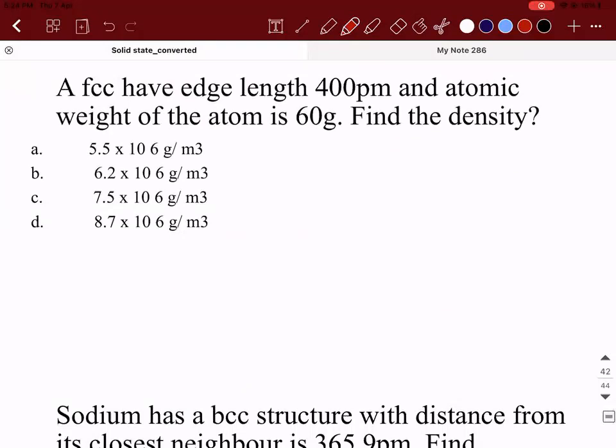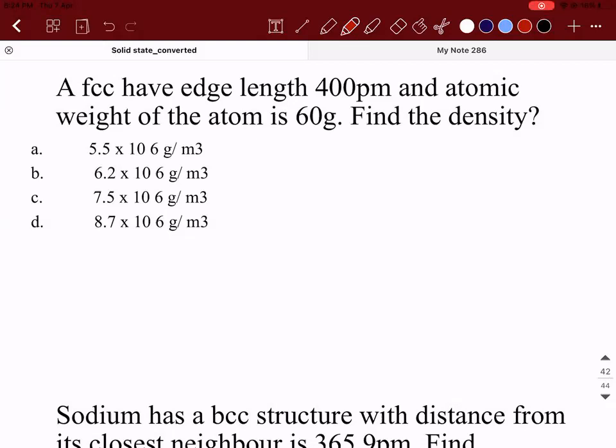Do this problem. In the previous slide, I disclosed the formula of density. They are asking about FCC, so you know Z is 4.